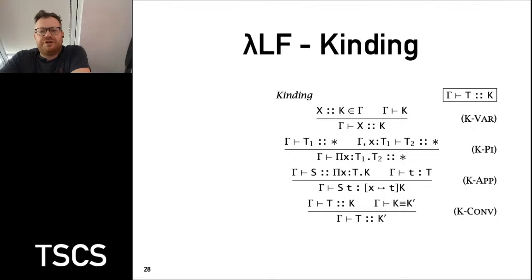How does kinding work? Kinding basically works in the same way as you've just learned it in the previous section, but let's walk through this a little bit more. Are there animations? No. Okay, so for the kvar rule, it usually works like this. So you have type variables, and if the reference appears in gamma, and also the kind of the type is in gamma.